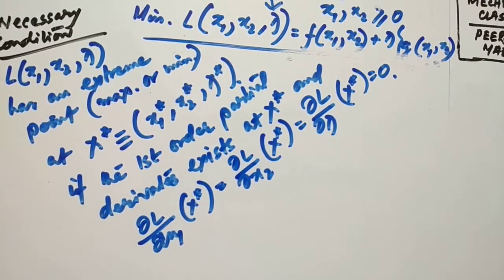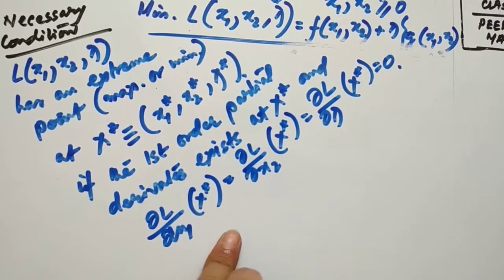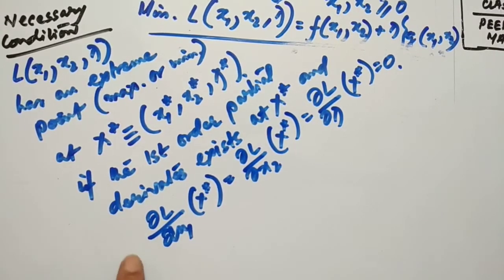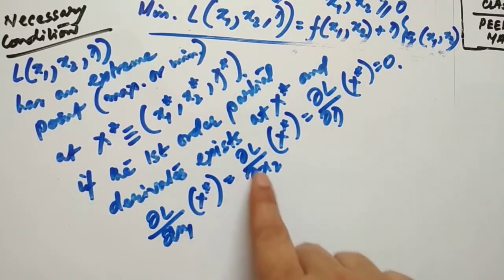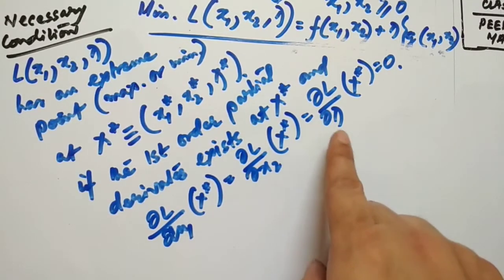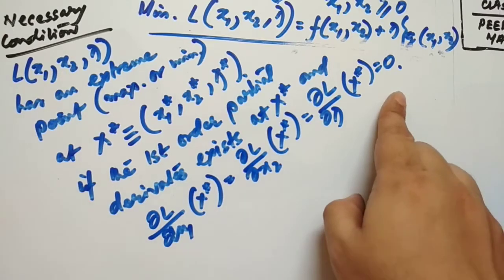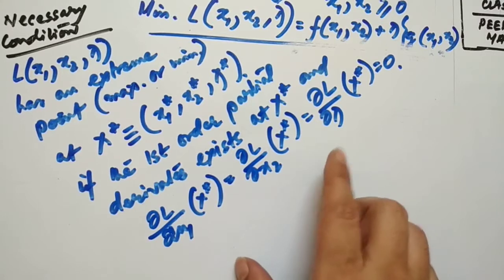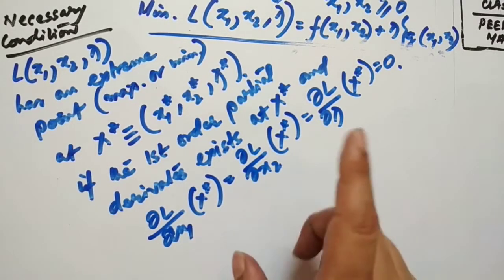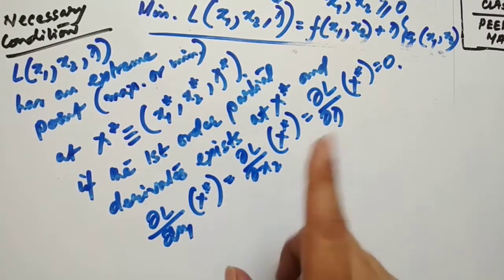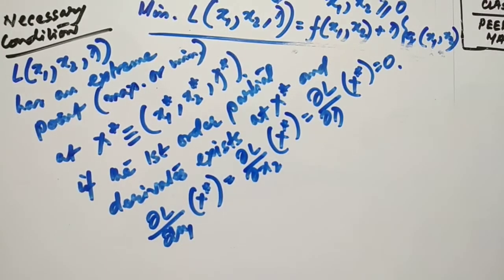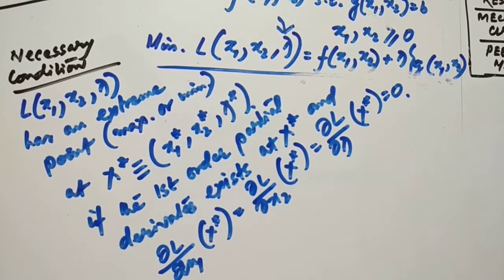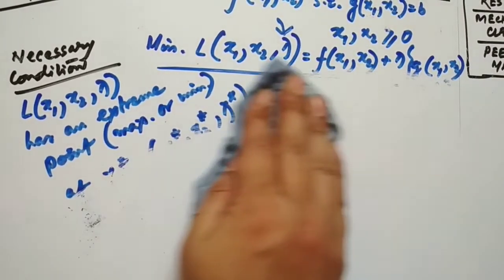Okay, now our new objective is to find del L by del x1 at x star and del L by del x2 at x star and del L by del lambda at x star as equal to 0. Okay, next, the method of Lagrange multipliers yields a necessary condition for optimality in constrained problems. Now we will start solving this problem. We will have step 1. I will write step 1 for you.